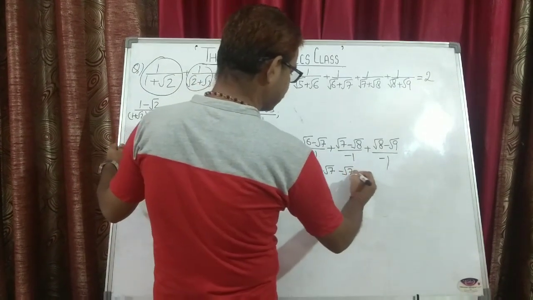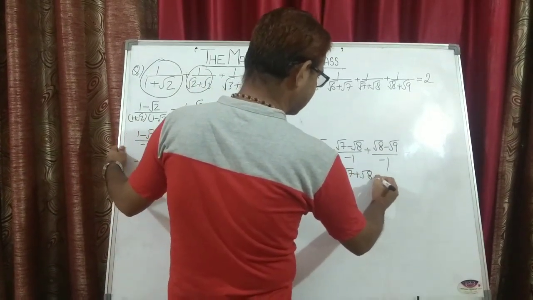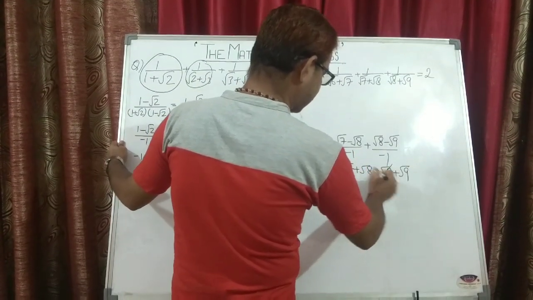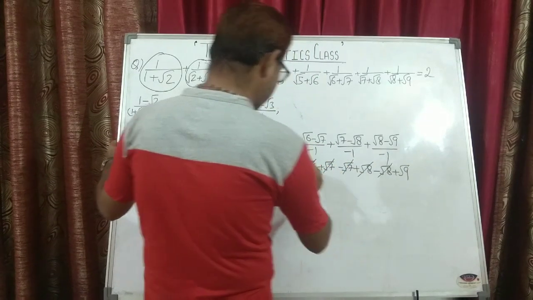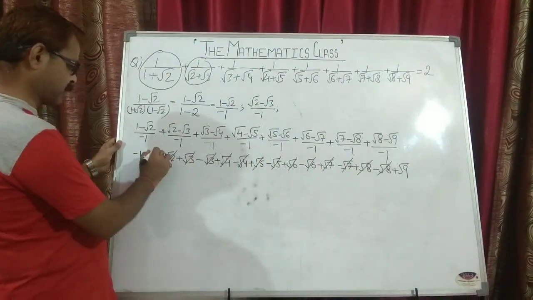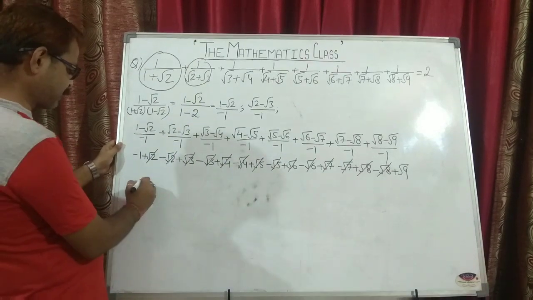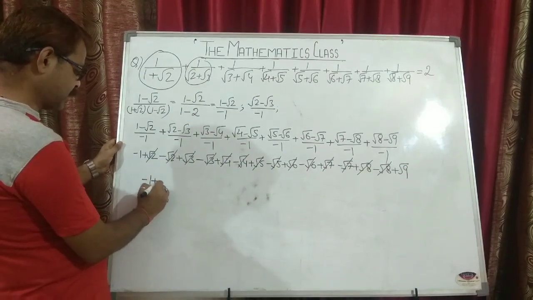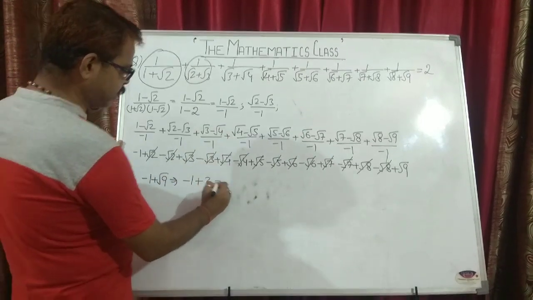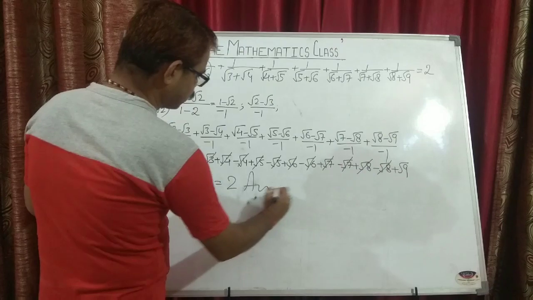Minus root 7 plus root 8. Minus root 8 plus root 9. Minus and plus cancel each other. Finally you are left with minus 1 plus root 9. You know that root 9 is 3, so minus 1 plus 3, so the final value is 2.